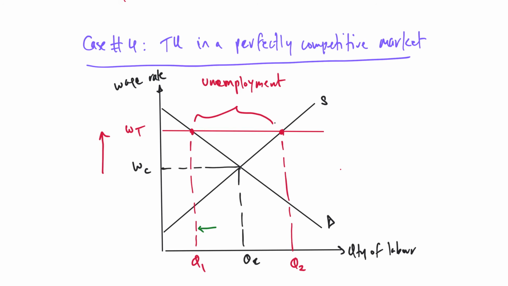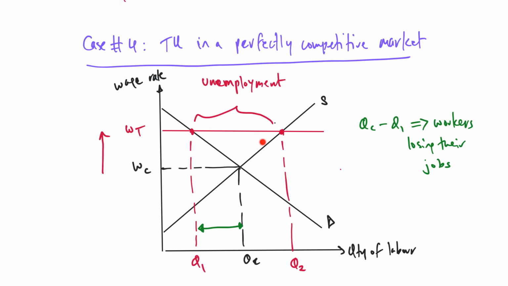But if you compare it from the scenario before, these many people who were previously employed will now lose their jobs because the trade union has asked for higher wages than equilibrium. In other words, QC minus Q1 are the workers losing their jobs. Any wage rate above equilibrium will cause some kind of a shortage or a surplus.